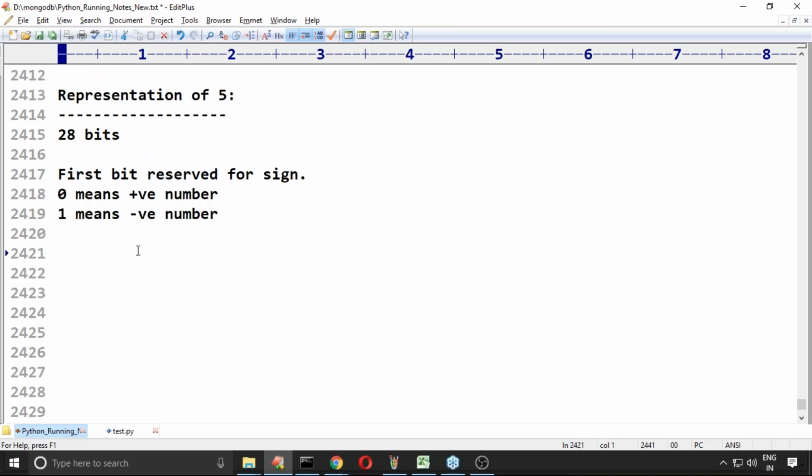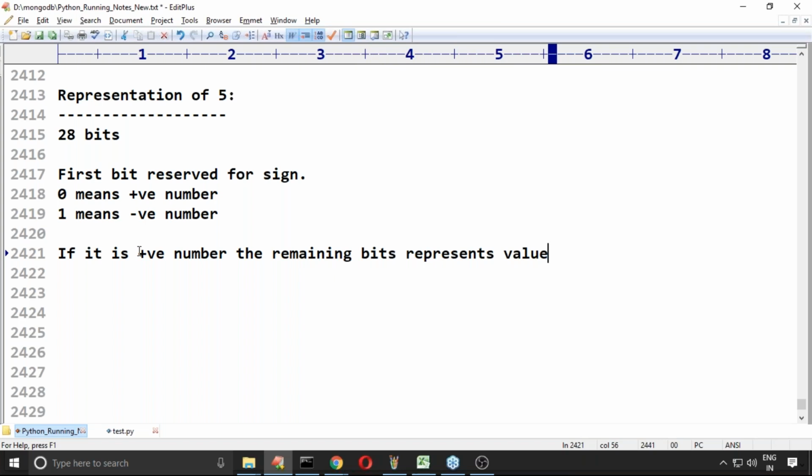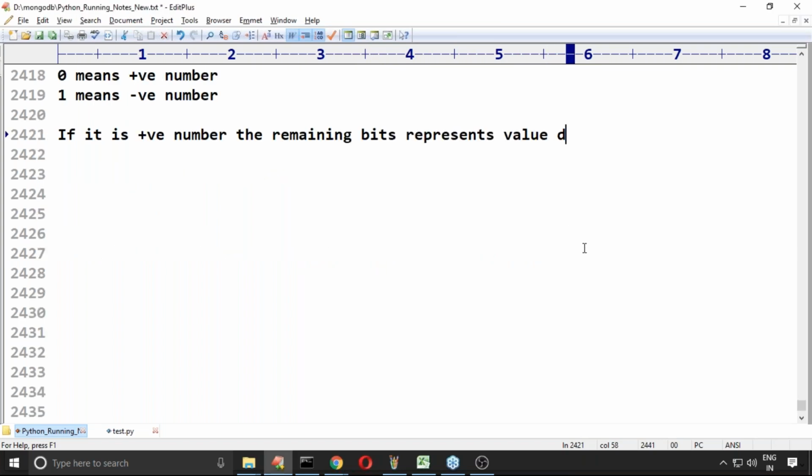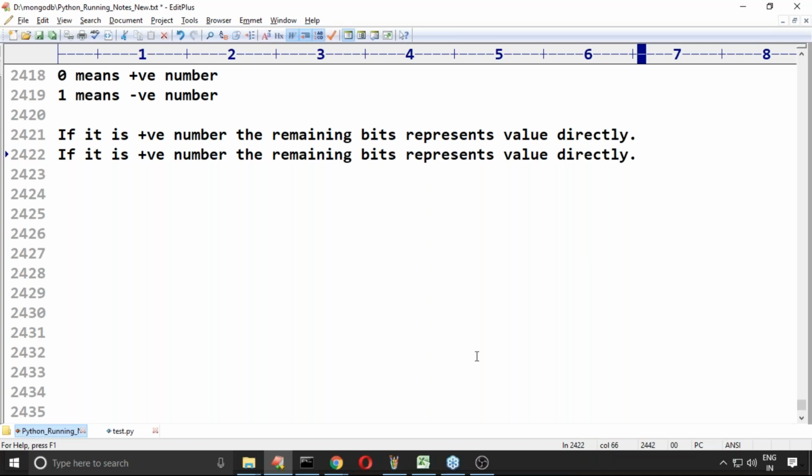If it is a positive number, the remaining bits represent the value directly.